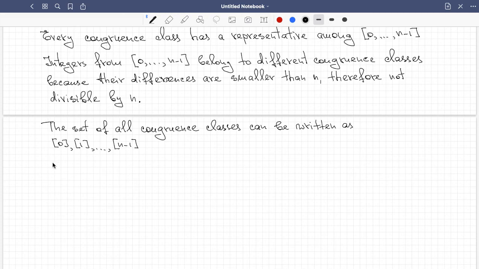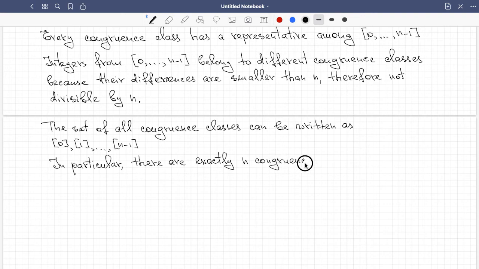In particular, there are exactly n congruence classes modulo n.